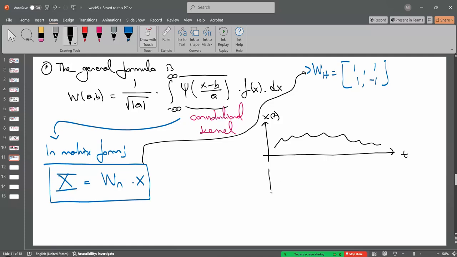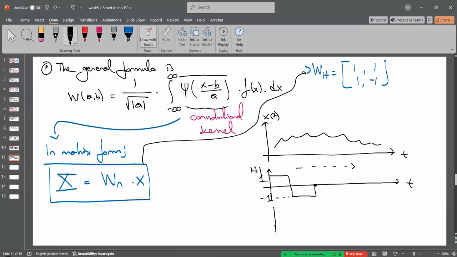If we apply the Haar filter, it is a simple convolution. In Haar 1, we apply 1 and minus 1, this is 1 and this is minus 1, and it goes on in this structure, so it convolves the whole signal.